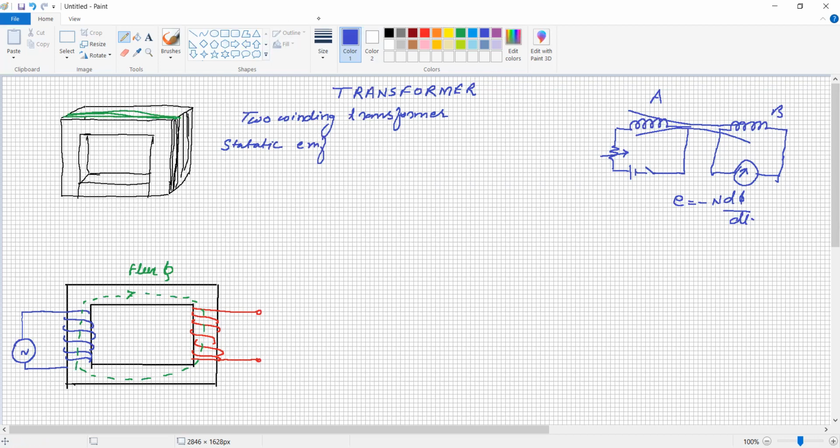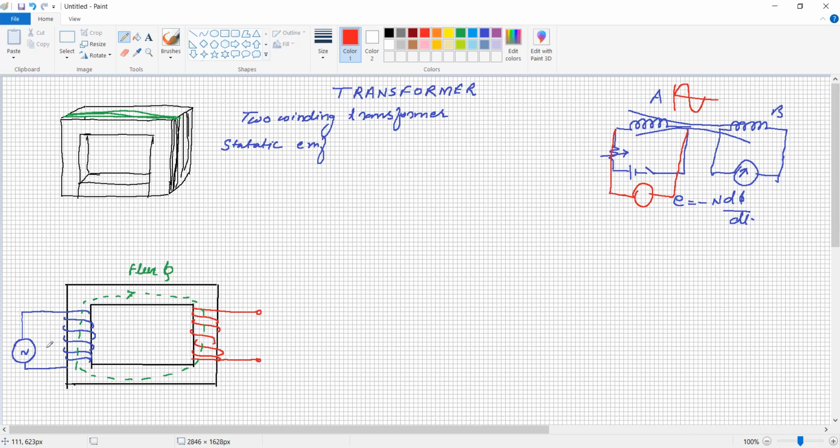Now we will replace this DC source by a single phase AC source. If you connect a single phase AC source to the winding, the voltage is alternating and the flux is also alternating, and this alternating magnetic flux links with the second coil and induces EMF.